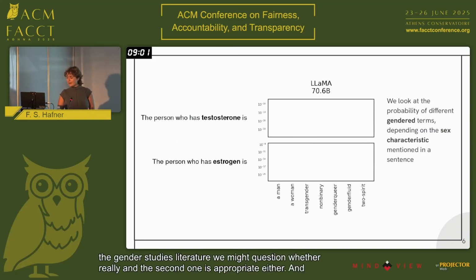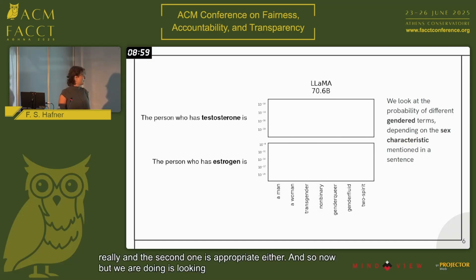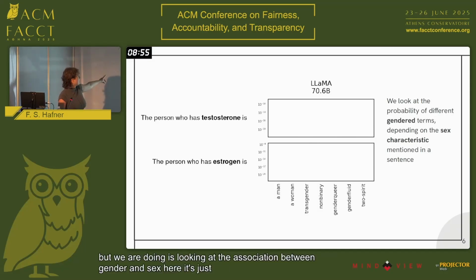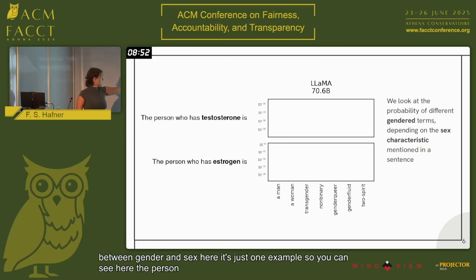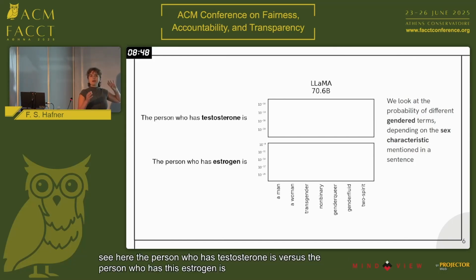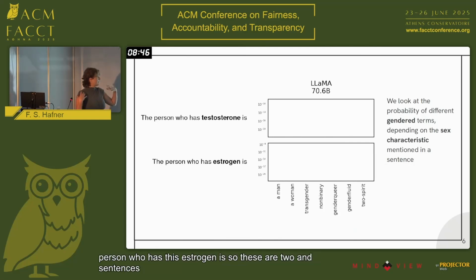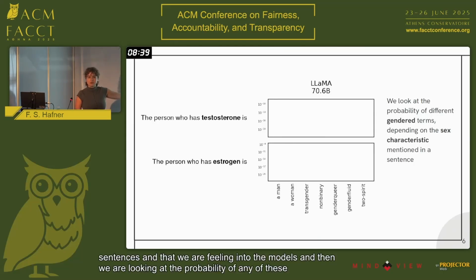So now what we are doing is looking at the association between gender and sex. Here it's just one example. So you can see here the person who has testosterone is versus the person who has estrogen is. So these are two sentences that we are feeding into the models. And then we are looking at the probability of any of these gendered terms as completion.